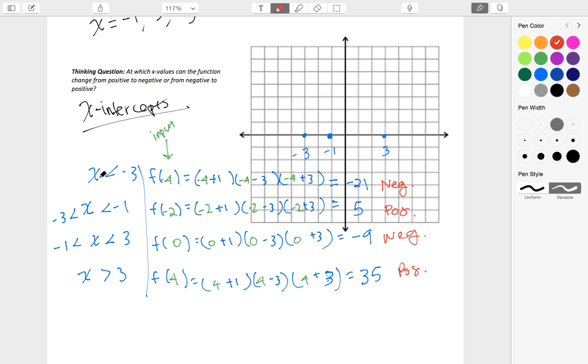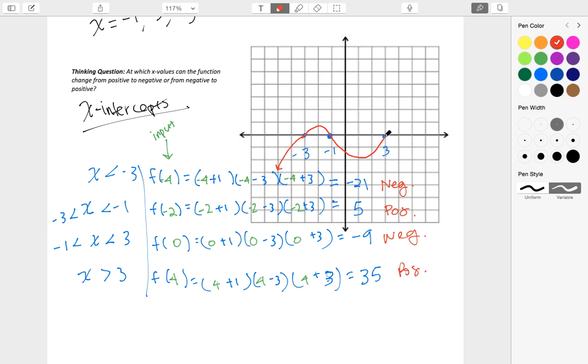So in the interval x is less than -3, that means it was in this section here. It's going to go below the x-axis, right? And then between -3 and 1, we say it's positive. So it's actually going to be positive, okay? It's going to go above. And then the next interval is negative, so we're going to start below.